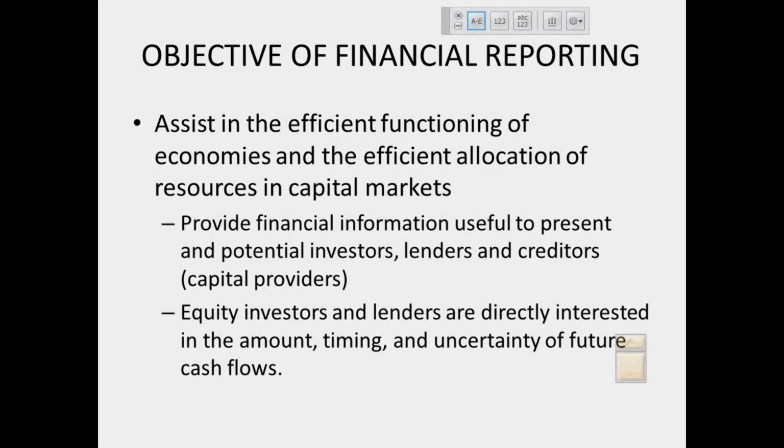okay, there we go. So we want to provide information that's useful for decision making. Okay, what information is useful for decision making? Information about future cash flows, right? Amount, uncertainty, timing of future cash flows. So we need to provide financial information that's useful to people that have invested and will invest in the company, whether they're stockholders or creditors.